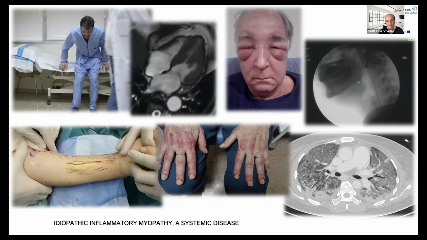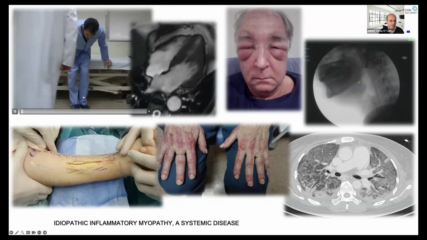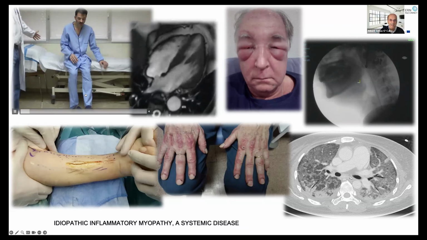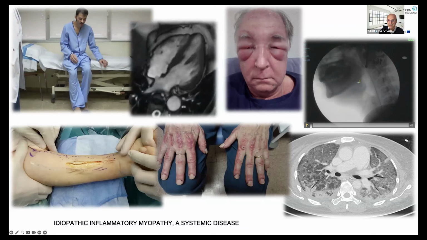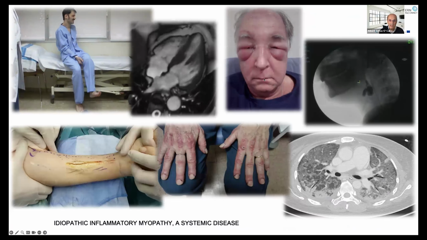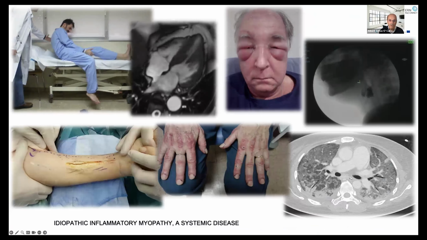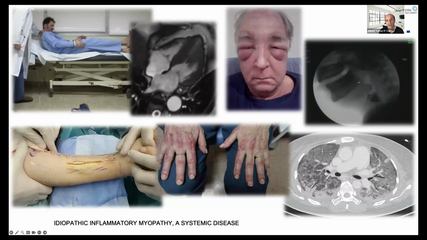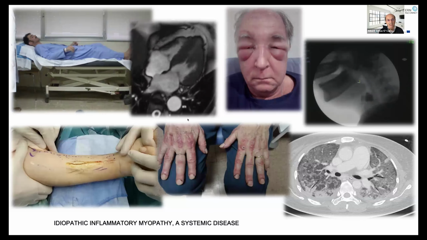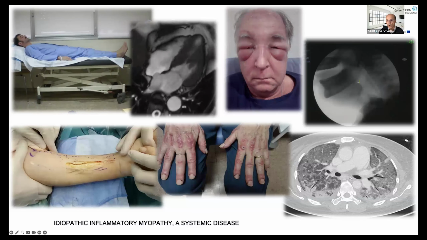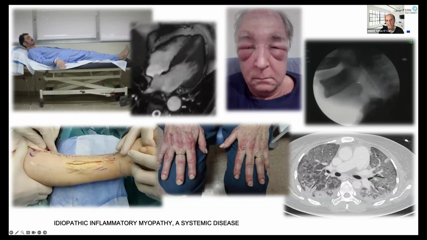Of course, muscle may be involved, as you can see here, with muscle weakness and also dysphagia, and skin lesions with this heliotrope rash and the Gottron papules. But other organs, such as the heart or the lung, may also be involved in a severe way.